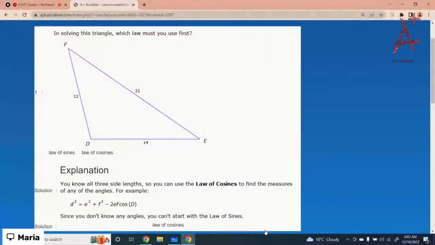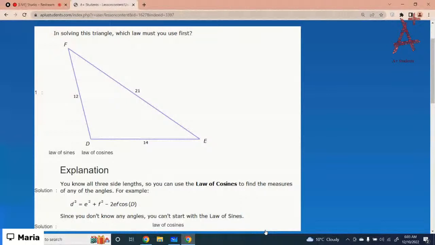Okay, you're given all three sides but no angles. So you have to see which law you have to use. You cannot use the law of sines.